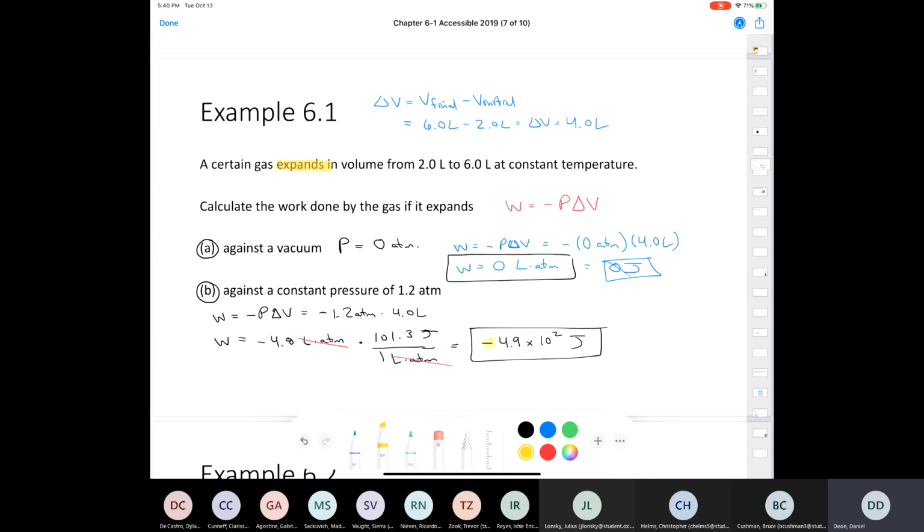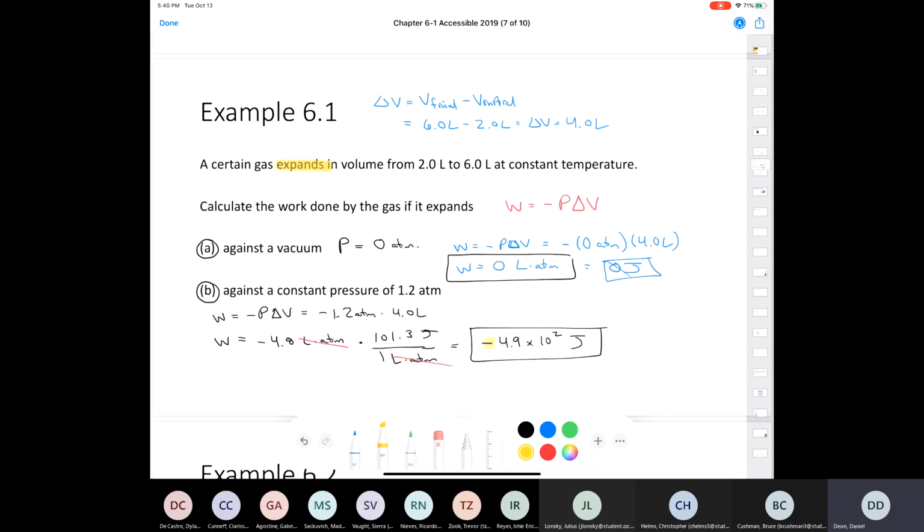Well, that makes sense because the gas is expanding against a constant pressure, so it's going to do work against that pressure in order to let that gas expand. Another thing here is that even though the change in volume is the same for both of these scenarios, we end up with different values for our work based off of our pressure.